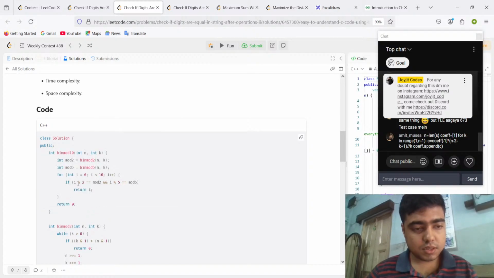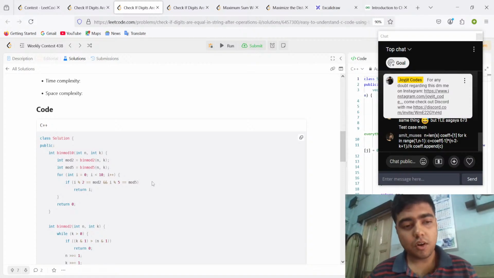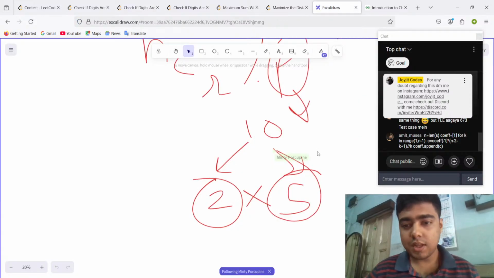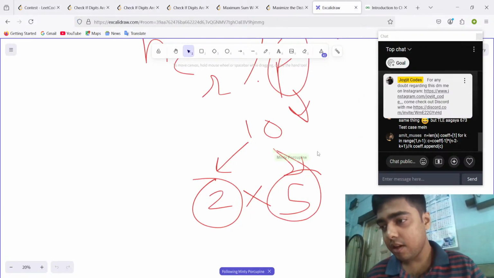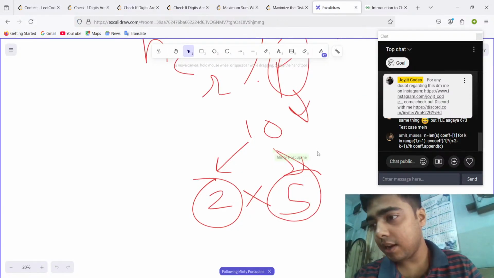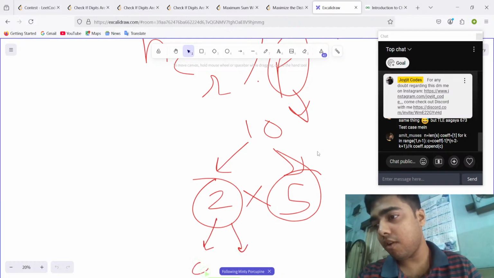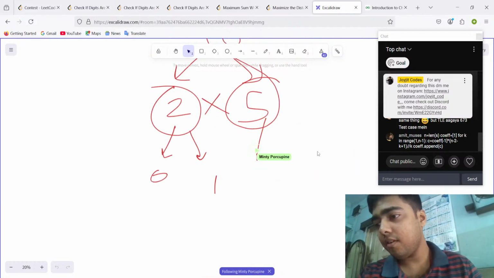What he means is, let's say I mod 2 is equal to mod, okay, I get it. I'll tell you what he has done over here. Since you know that 2 can have two values, after modulo it can have either 0 or 1, and 5 can have from 0 to 4, right?